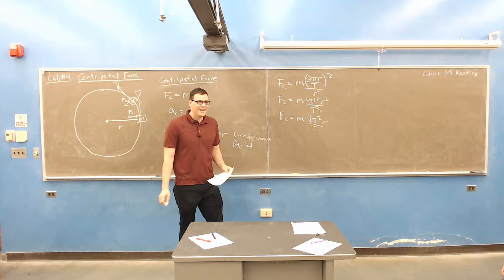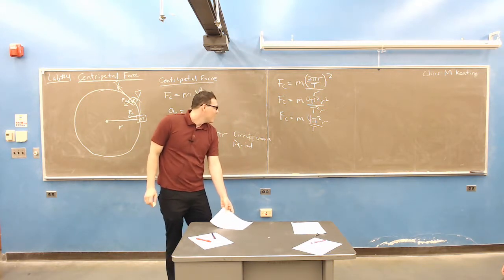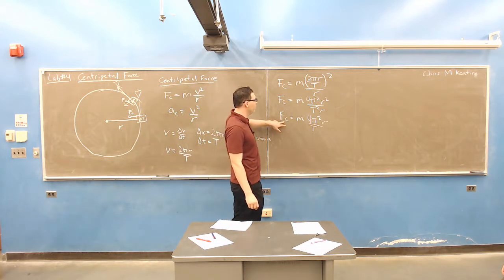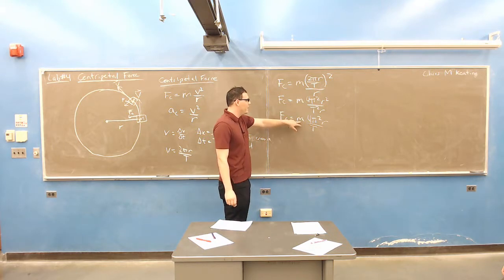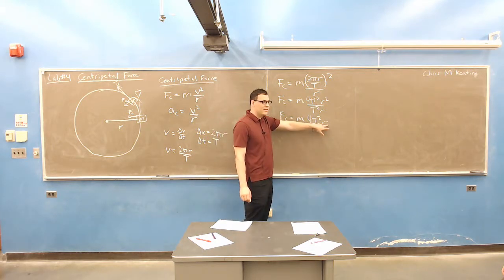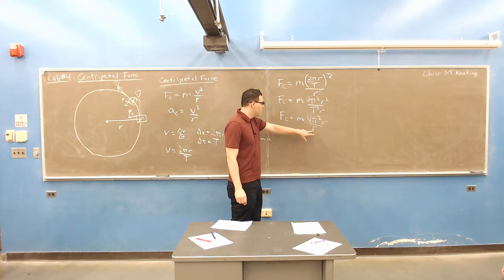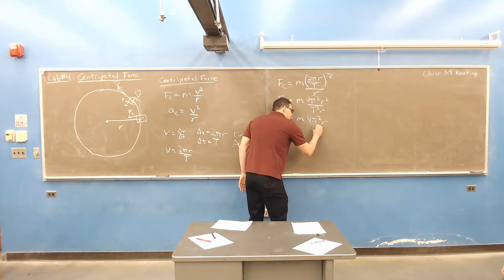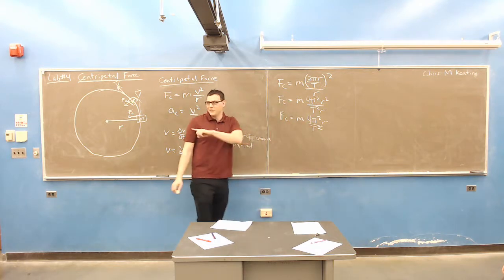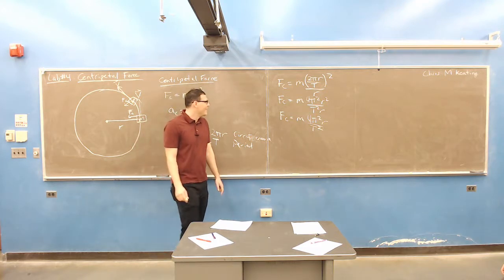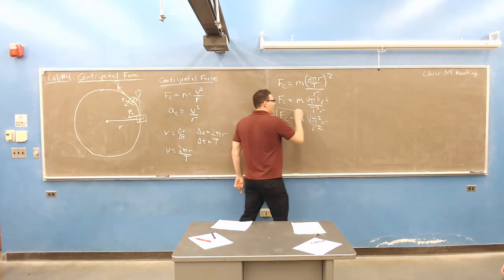I think that's right? All right, so this is the centripetal force as a function of mass, the radius of the circle, and the period, but you guys didn't catch me. I was testing you guys. All right. I'm going to box this.